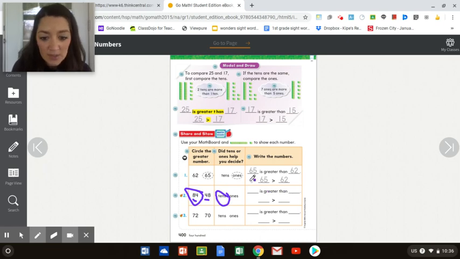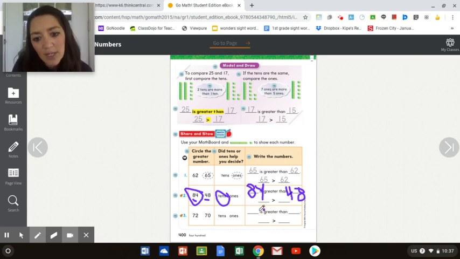So we said 84, here we go, sorry for the sloppy handwriting, is greater than 48. And then you're going to do the same thing down here. So you'd write 84 is greater than 48. It fit both there.